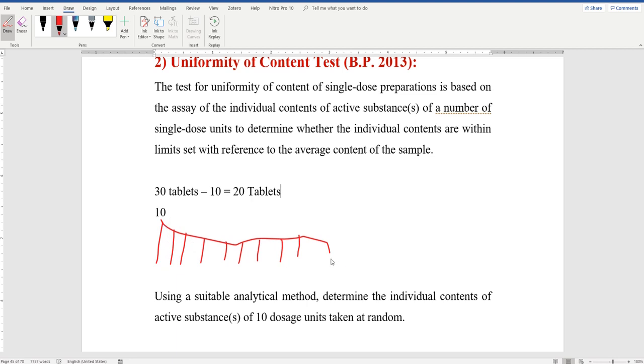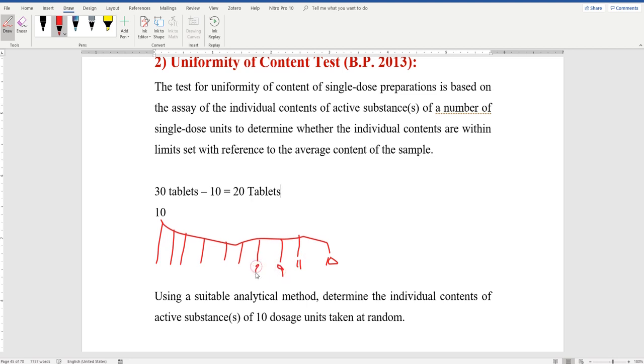Do analysis. And in this analysis, your aim is to find how much drug is there. Let's say here we have 10 milligram. Let's say here we have 11. Let's say here we have 9.